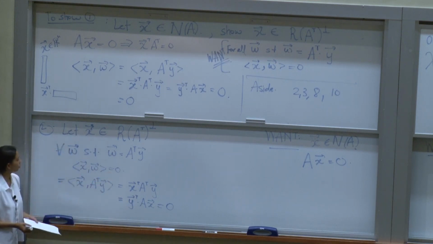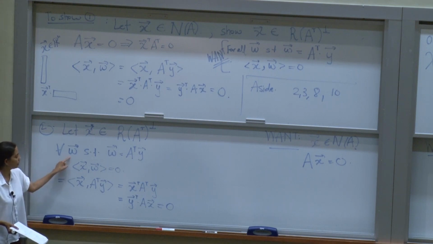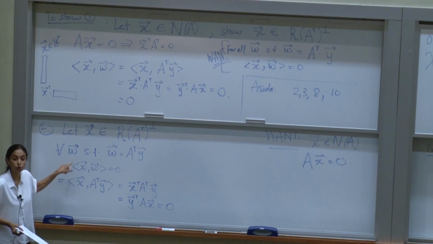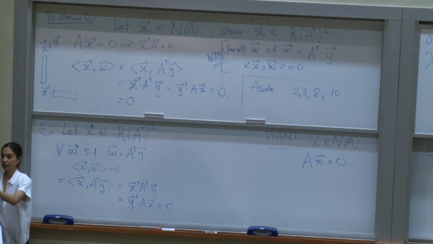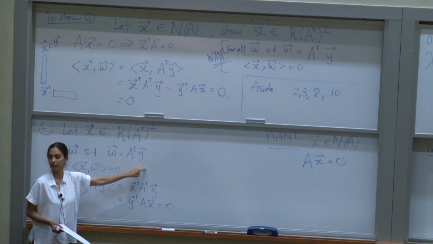But what do we know here? What is key? Do we know that w is one specific vector equal to A transpose y? We know that this is true for every single w. That means that this is true for every single y.